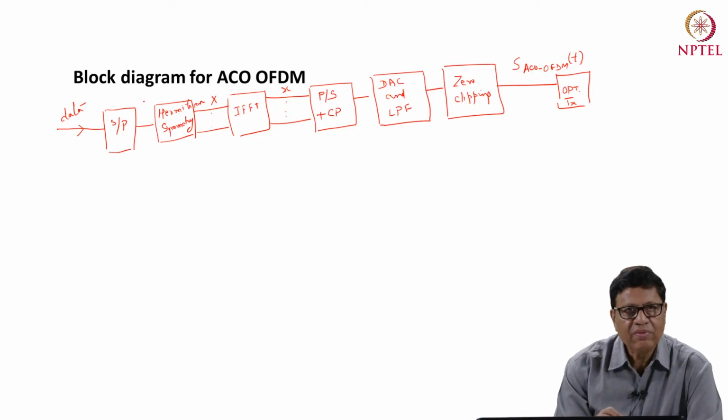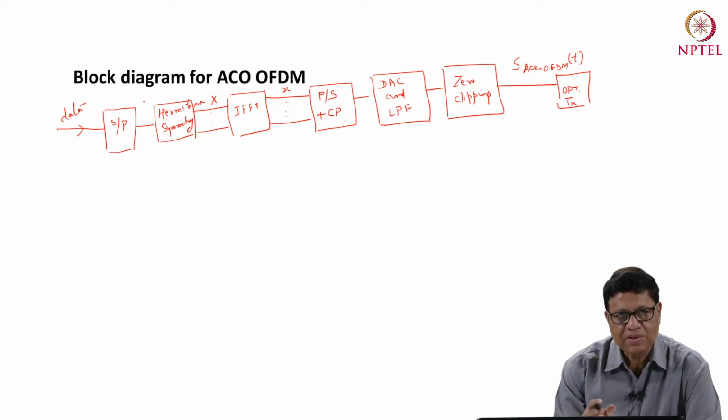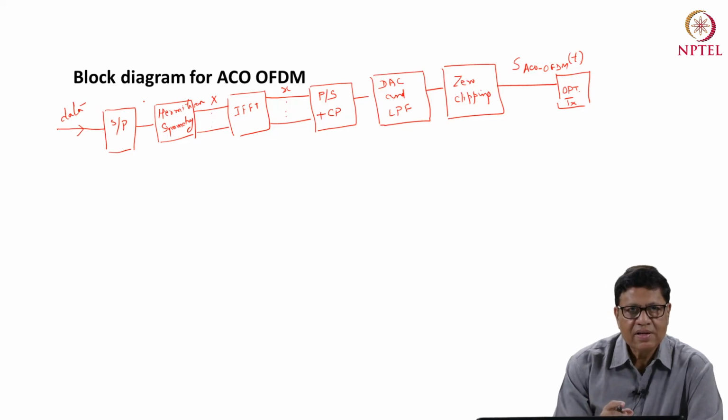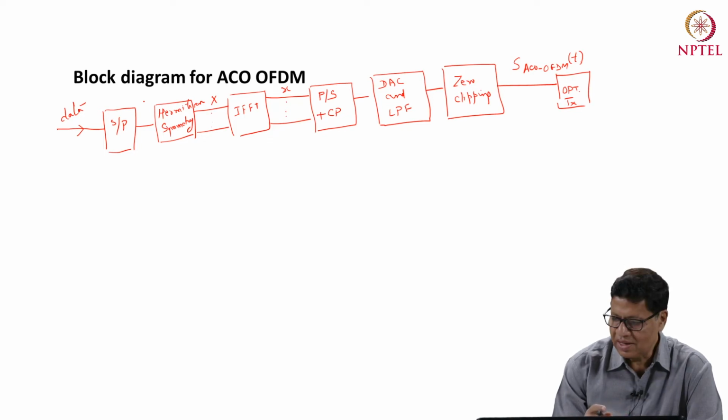And remember that we are only loading half of the subcarriers, rather 1/4 of the subcarriers, because half of the subcarriers are conjugate, and in the remaining we are having data symbols only on the odd subcarriers, and the even subcarriers are 0.